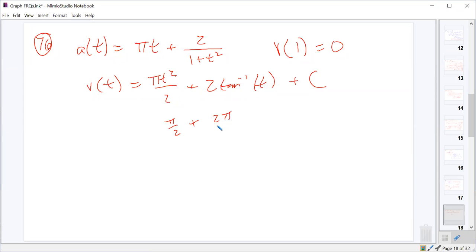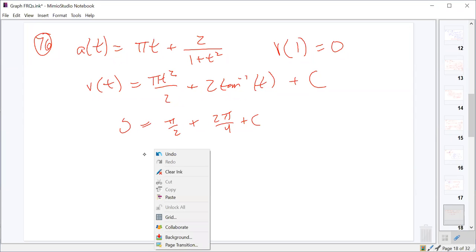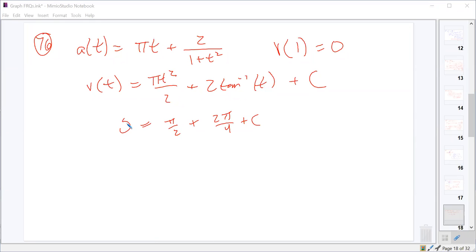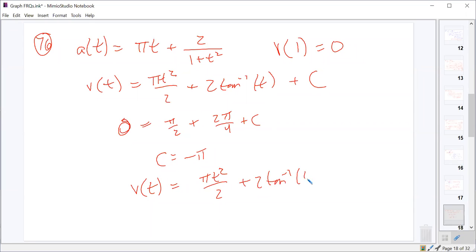So this is 2 times pi over 4 plus our constant equals 0. So we have pi over 2 plus pi over 2 gives us a constant of negative pi. So v of t should be equal to pi t squared over 2 plus 2 inverse tangent t minus pi.